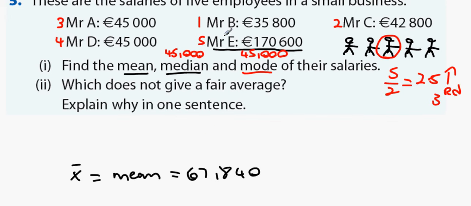Mr. E is a big earner in comparison to everybody else, so Mr. E's presence drags up the mean to a level that is unpredictable, right? We call Mr. E an outlier, so he's not the established norm or the established pattern, and therefore he can skew or basically disrupt the normal results of the mean. Okay.